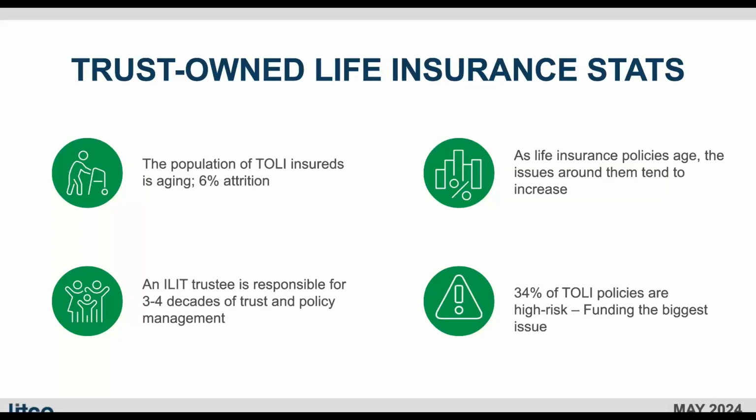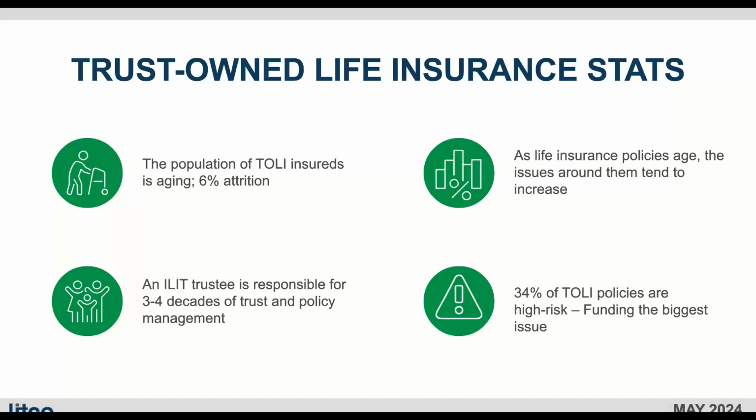There are more policies that are either paying out death benefits, or perhaps the grantor wants to surrender the policy, or the policy is lapsing, versus new business coming in. With that said, this year we have seen an uptick of new ILITs and new policies coming into trust, perhaps for estate tax exemption planning with the estate tax sunset rules changing in 2026.